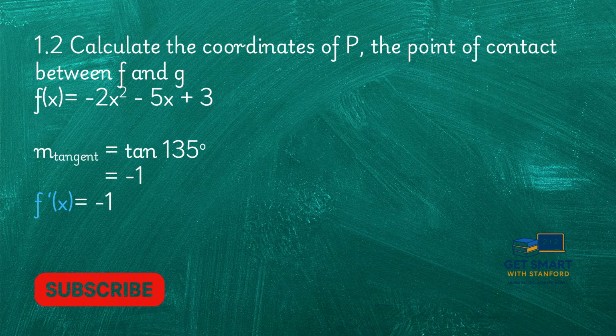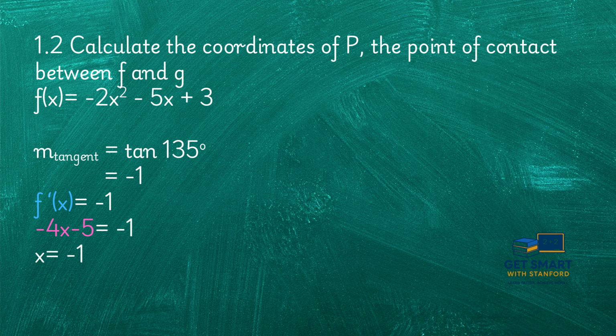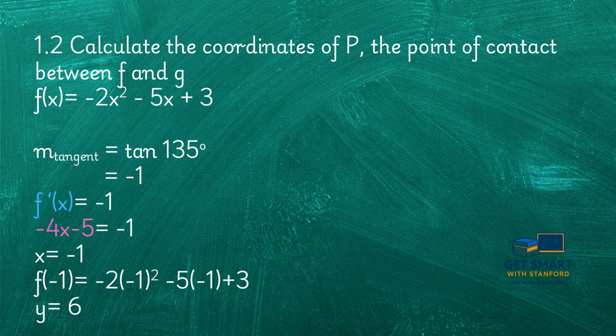Equating the gradient of -1 to the first derivative, we find the value of x to be -1. We equate to the first derivative because the contact point is where g is tangent to f. Now we substitute that into the original equation and the value of y at the point of contact is 6. The coordinates of the point P are (-1; 6).